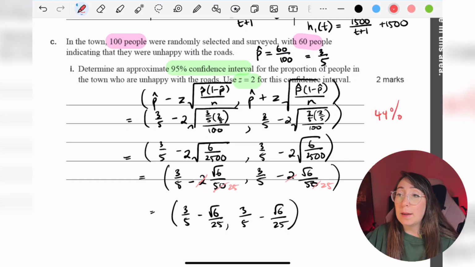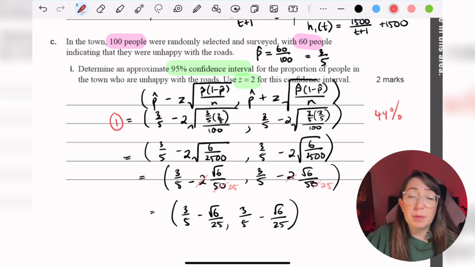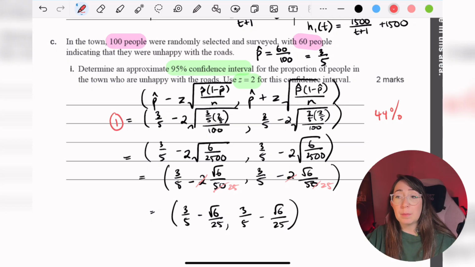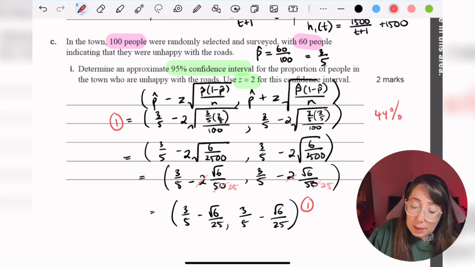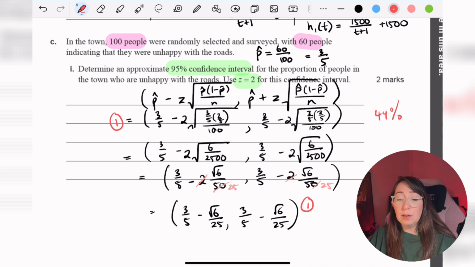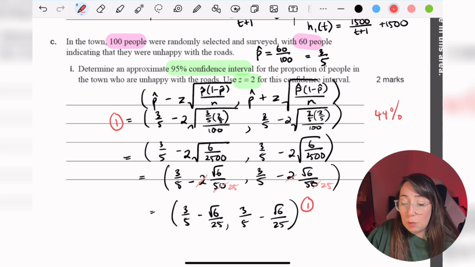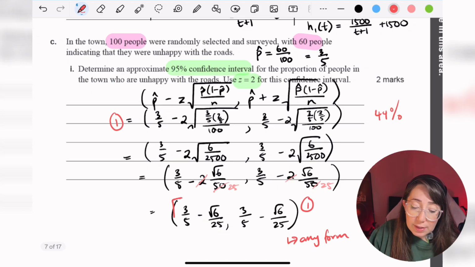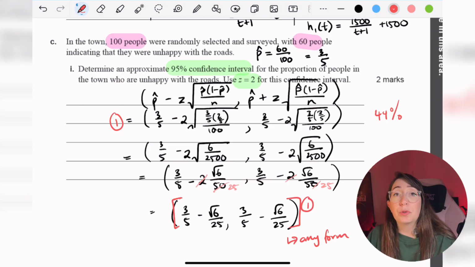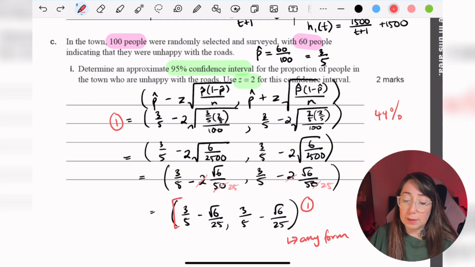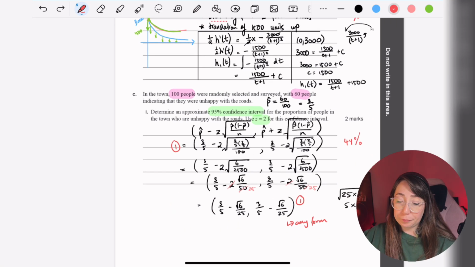The marks came from setting up the formula, substituting in the numbers correctly, and then the confidence interval itself, in any form. They also said if you used square brackets, you still got the mark. That's good to know as a backup, but in general, we use circle brackets to indicate the interval.